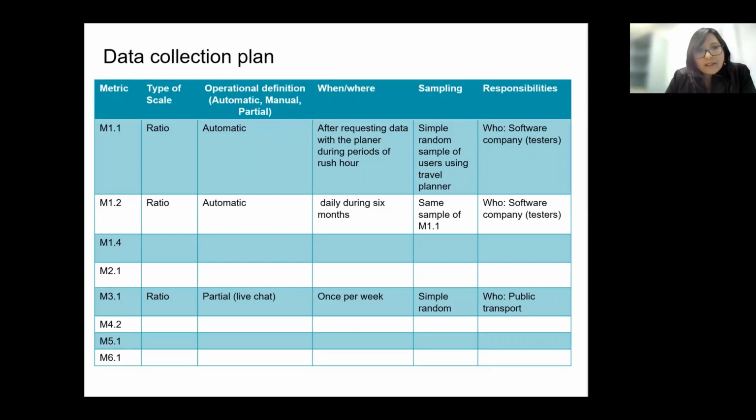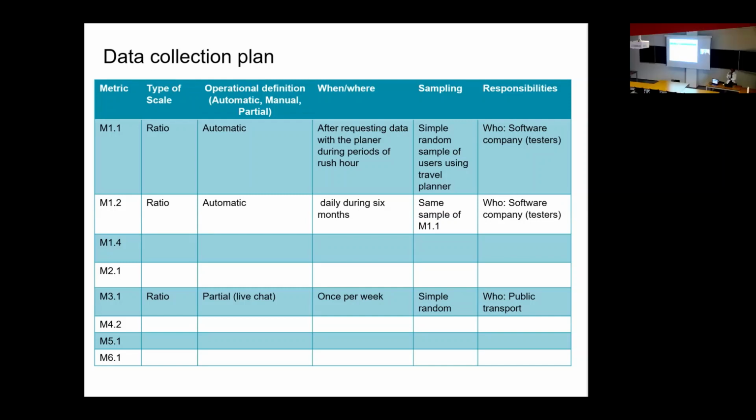So this is a data collection plan, but of course, all these metrics now are just codes, right? But you should include the measurement goal template and the GQM graph, and once you define the GQM approach, you can build as the last part the data collection plan. It is possible that you have multiple goals, but we request at least one.